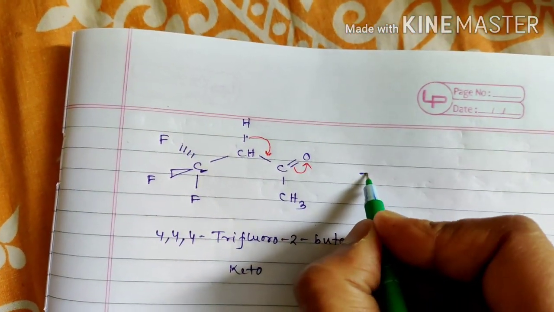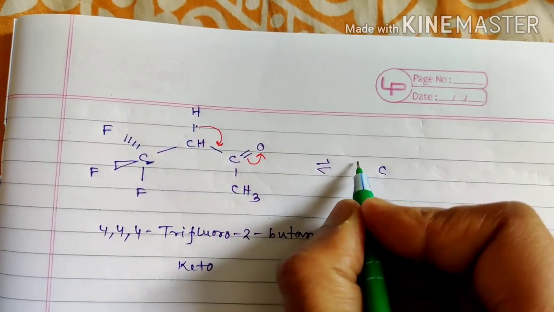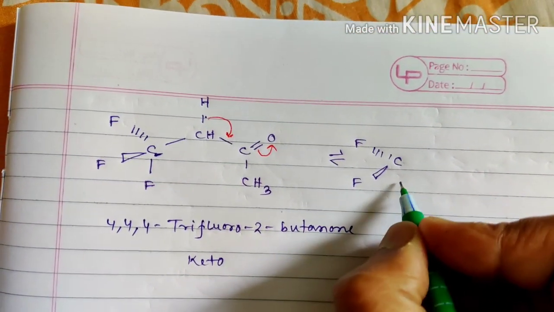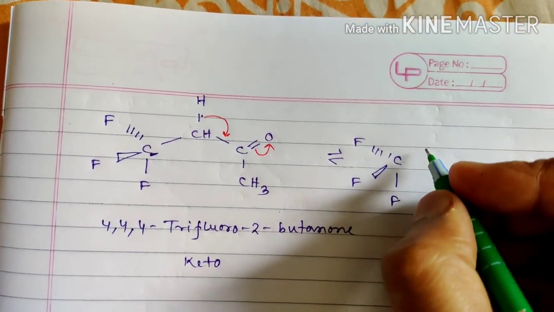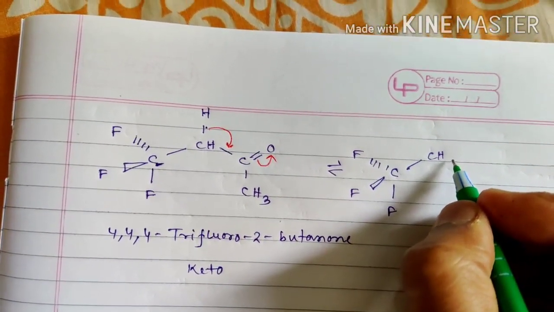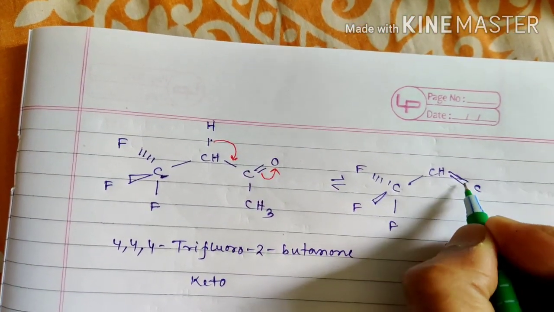So in that case, we should be able to write this same molecule once again like this. There are 2 fluorines here, 1 fluorine will be here. Then there is CH. Then there will be double bond C here.